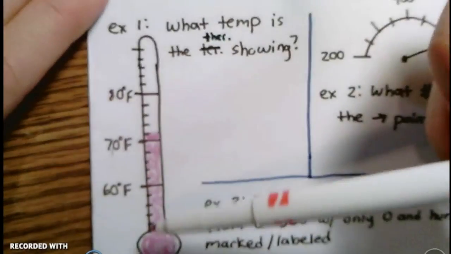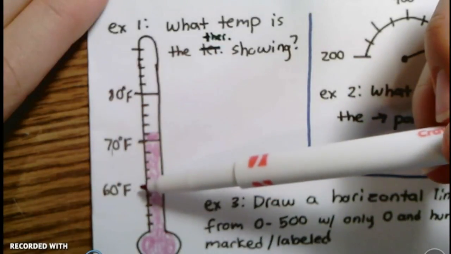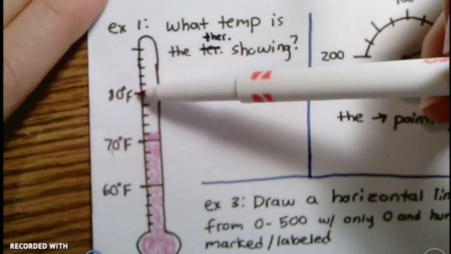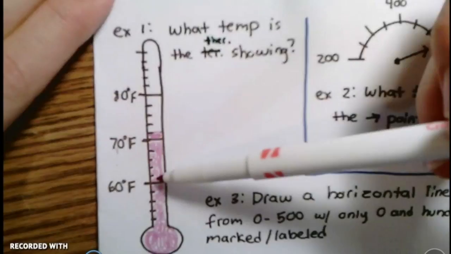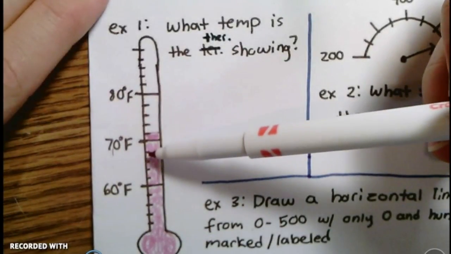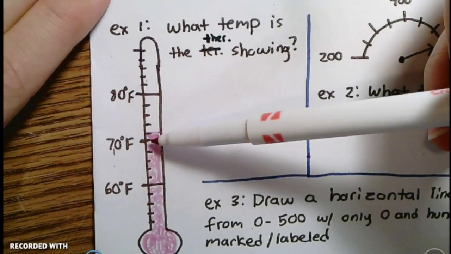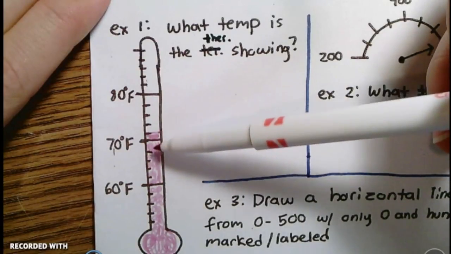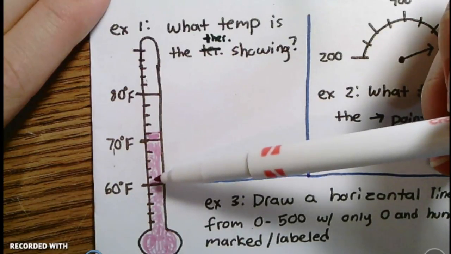The way to do that first is to see how much it's going up by. Each number that's labeled is going up by 10. We have 60, 70, 80, but in between those we have 1, 2, 3, 4 more tick marks, which means that when you add the 10th, that would be the 5th tick mark. So each tick mark is going up by 2.